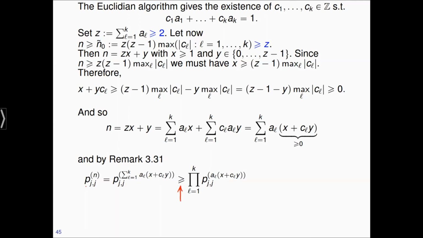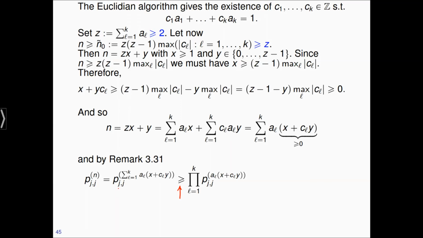This is what I used in this inequality. So let's look at this computation. Pjjn is the same as Pjj to this power here, because this is what n is. Yeah, that's what we just found out. This is this equality here on top. And now I'm going to use remark 331.